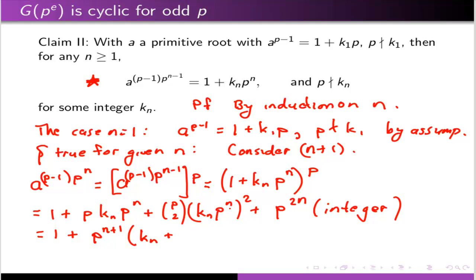Well, this has p to the 2n in it, so you'll have the p choose 2, which has another factor of p in it. You've got a kn squared, and then I'll have a p to the n minus 1. The n minus 1 plus the n plus 1 gives me the p to the n squared, and then all of these will have at least a p to the n minus 1 power times some integer.